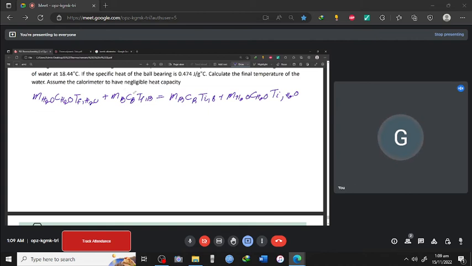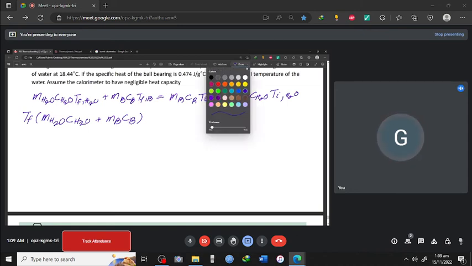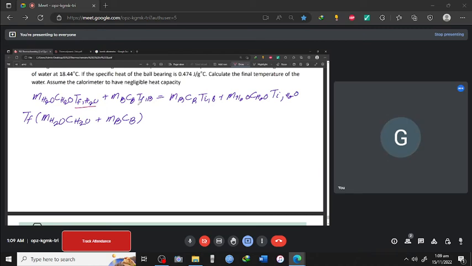So, factoring out the final temperature, this will be TF is equal to MH2O CH2O plus MB CB. Okay? Finactor out natin yung final temperature. So, finactor out natin itong part na to at itong part na to. So, ito na sila. Kasi parehas lang din naman yung final temperature nga ng ball and then nung water.